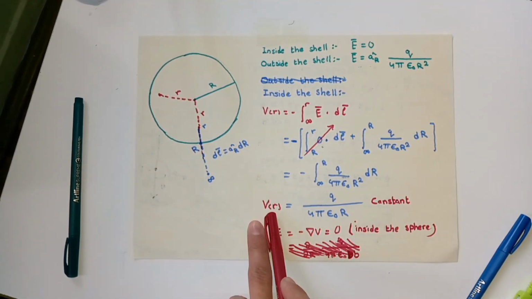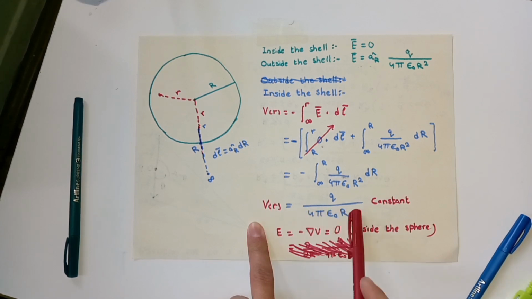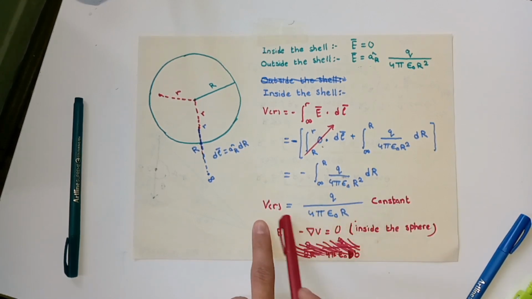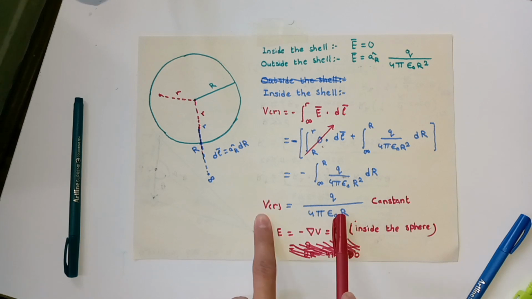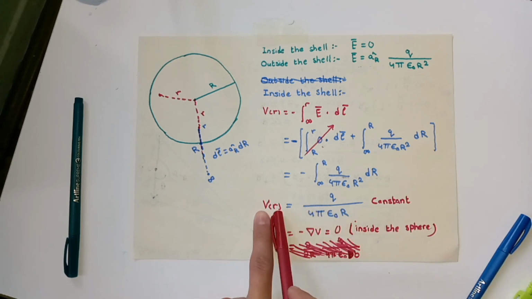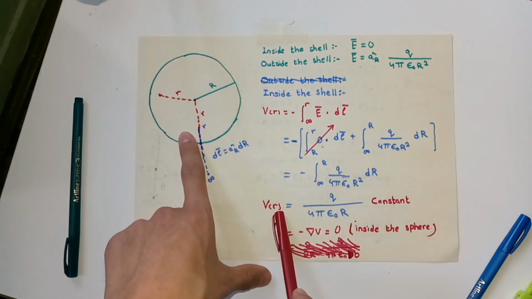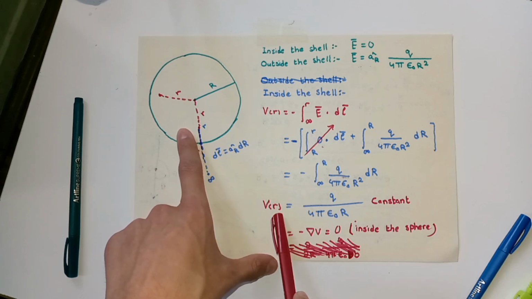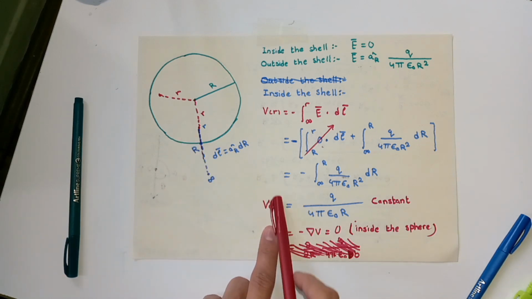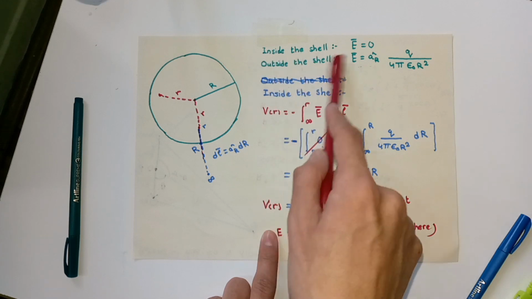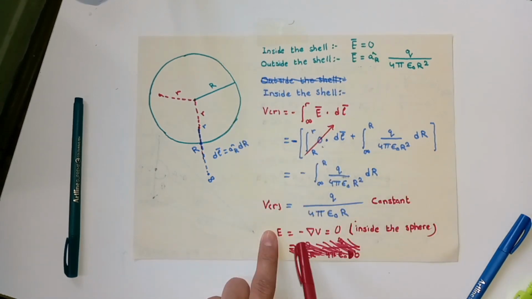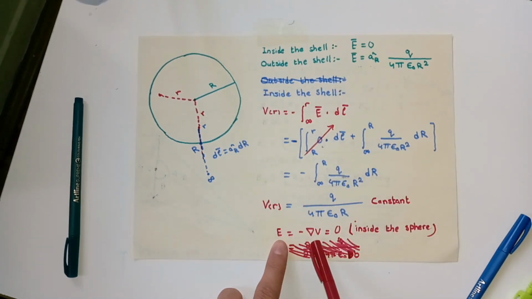The distinct thing that you may notice about this equation is that all parameters inside it are constants. According to this, the potential inside the sphere is constant, and this seems logical when we try to prove the fact that inside the shell we have no electric field by applying the gradient operation upon the potential.